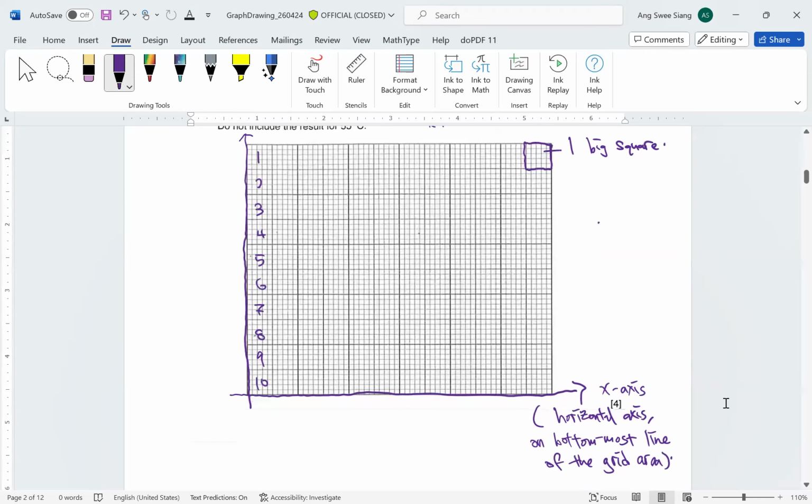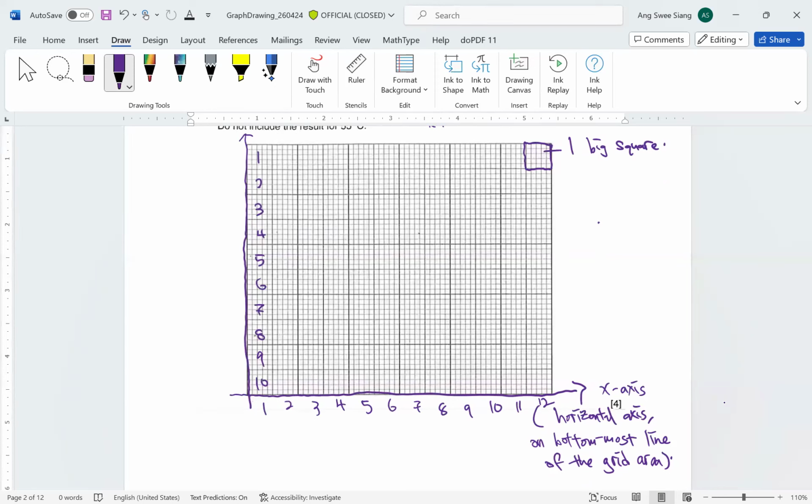Then I also count for the x-axis: 1, 2, 3, 4, 5, 6, 7, 8, 9, 10, 11, 12. Now Mr. Ang is writing all this 1, 2, 3, 4 to help you visualize so that you can see what I'm counting.